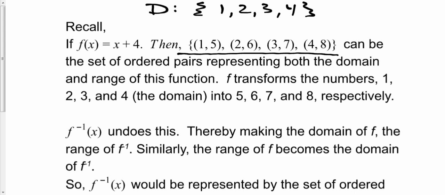Okay, so if this is the domain, what is the range going to be? Ken, what's my range going to be? So is 5.5 in my range? No. So I have to list my range discretely.